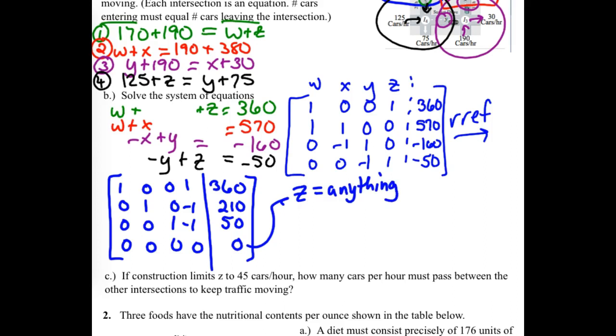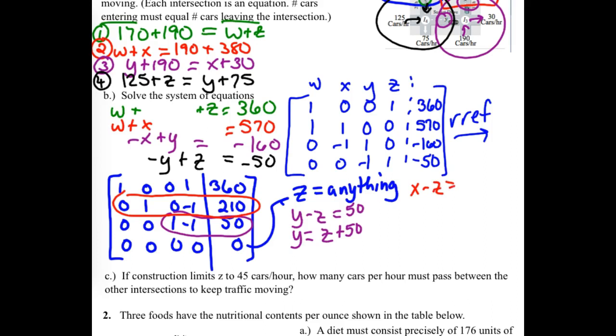All right, now let's figure out our other variables. My third row, I have 1Y minus a Z equaling 50, which means if I add the Z over, Y is going to be Z plus 50. My second row, that one says an X minus a Z equals 210.